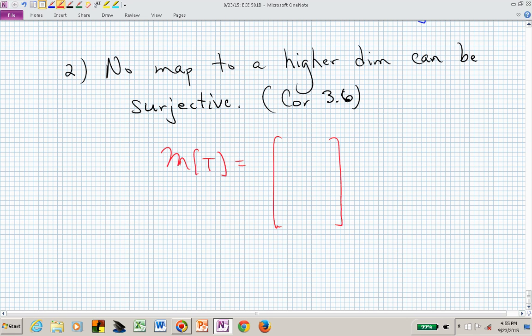Do you see that? That's non-surjective. We can't cover all of those coordinates in those rows by what? Starting with such a tiny input space. We have no way of making all of those coordinates fill the output space or the codomain.